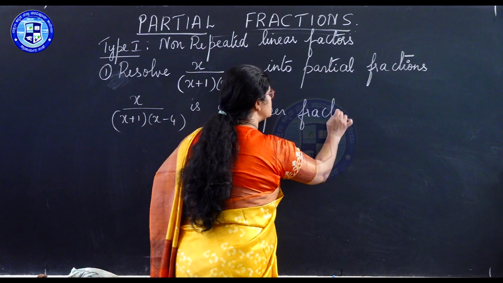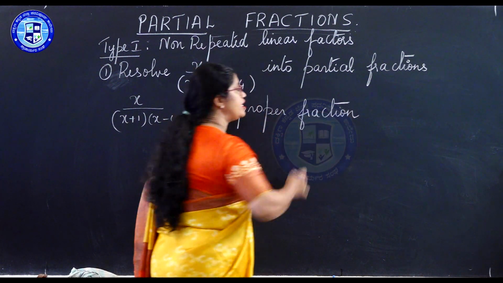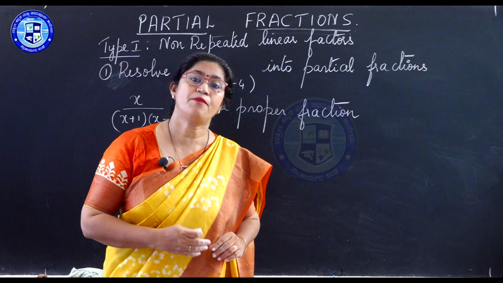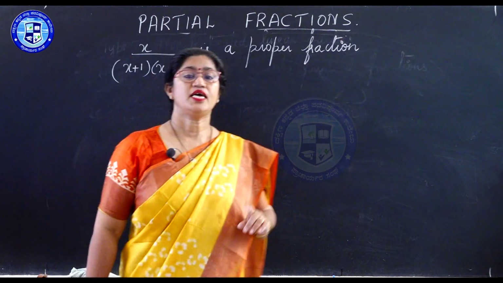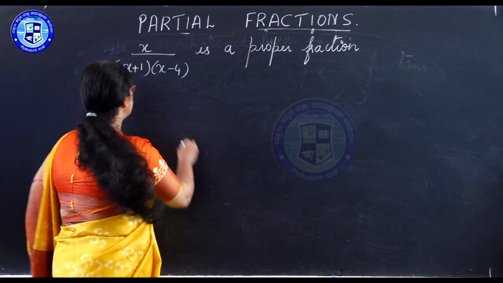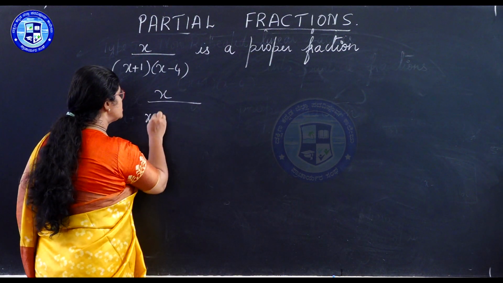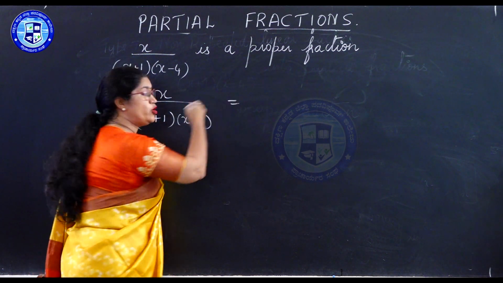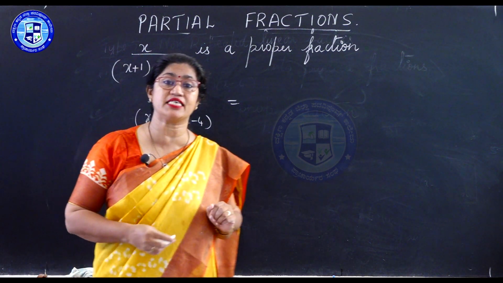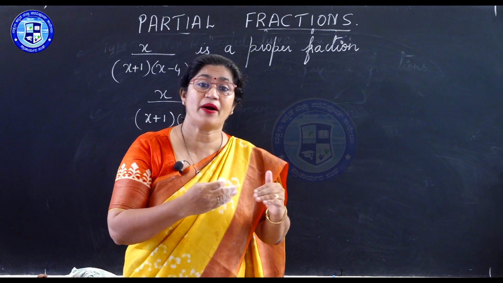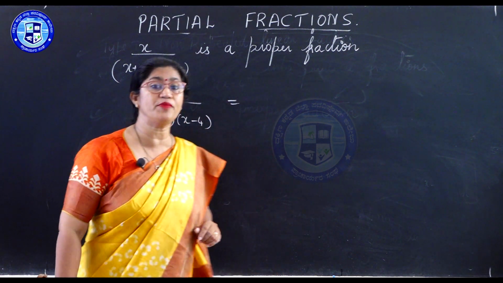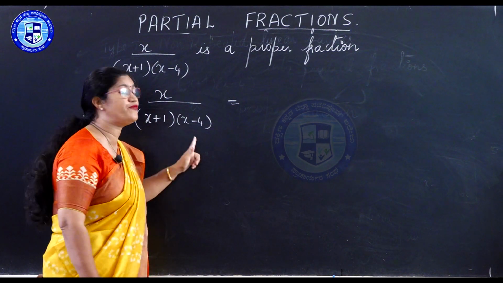If this is a proper fraction, now we see how to resolve this into partial fractions. Now this fraction x by x plus 1 x minus 4, I know I have to write it as a sum of partial fractions or simple fractions. Look at the denominator. It has how many factors?